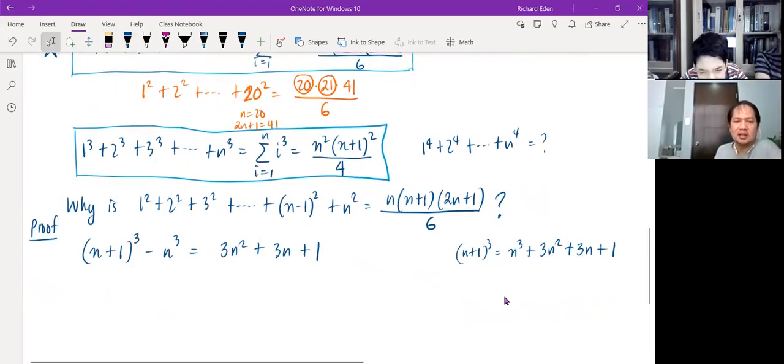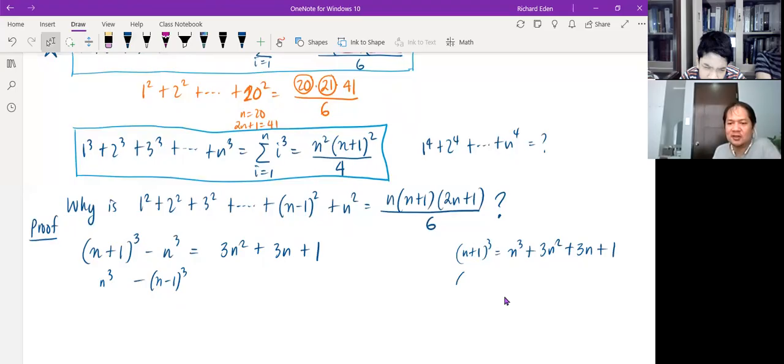So in fact, ganito. If I ask you naman, what is n cubed minus n minus 1 cubed? Maybe I should have started with this. Ganito na. Itong formula, let me write this as x plus 1 cubed equals x cubed plus 3x squared plus 3x plus 1. So maybe ito ang tignan natin.